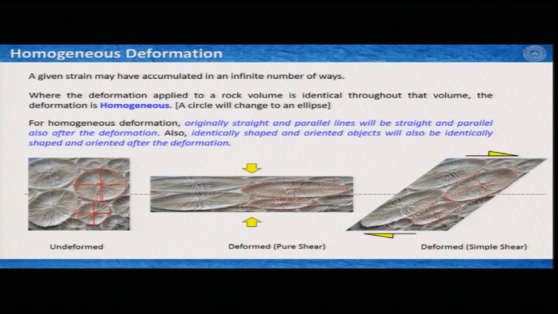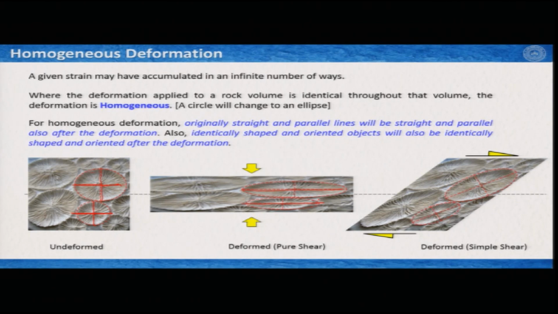and the question is whether it is a homogeneous deformation or not. Now for homogeneous deformation, the definitions say that originally straight and parallel lines should be straight and parallel lines after the deformation. So this was originally a straight line, it is also a straight line. It was parallel to this line, it is also parallel to this line.